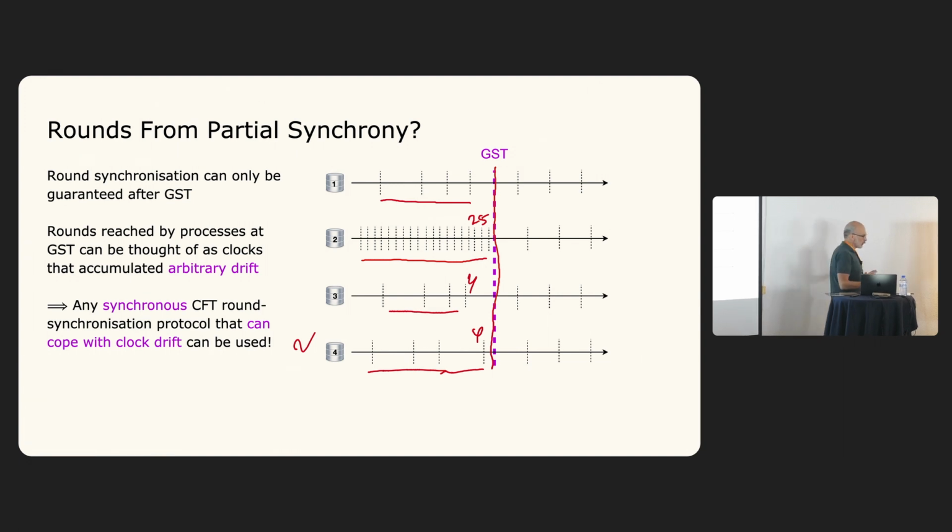We have an algorithm that can cope with the clock drift, so we can just run this algorithm to synchronize the rounds, right? Of course we don't know when GST occurs, so we just keep running this algorithm in the background, and once GST kicks in and there is synchrony, this algorithm would guarantee that everyone gets synchronized, and they continue to be synchronized from that moment on.